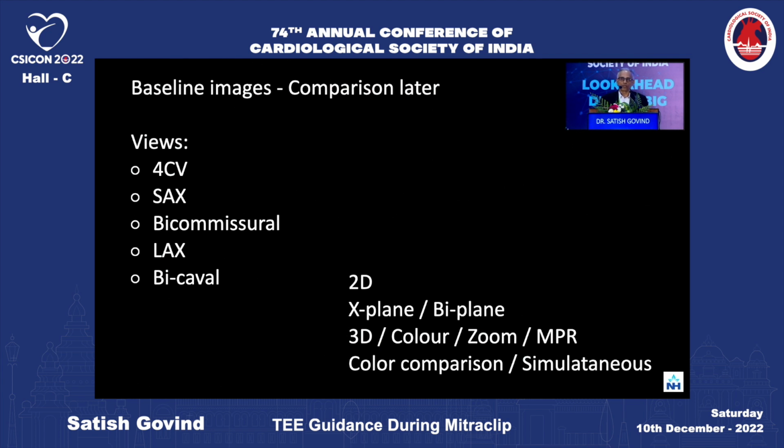So what are the views? There are very standard, protocol-approached views. You have the mid-esophageal 4-chamber view, then the short axis, the bicommissural view plays a really big role, and the long axis along with this. These two, the bicommissural and the long axis, play a huge role, and the bicaval for the transseptal puncture.